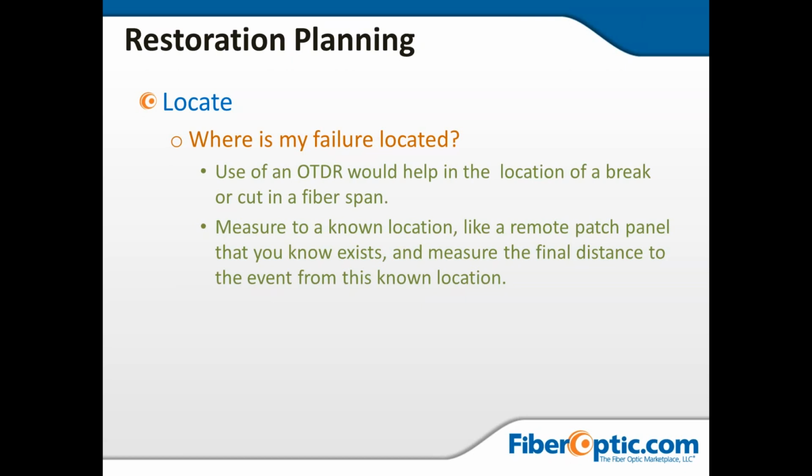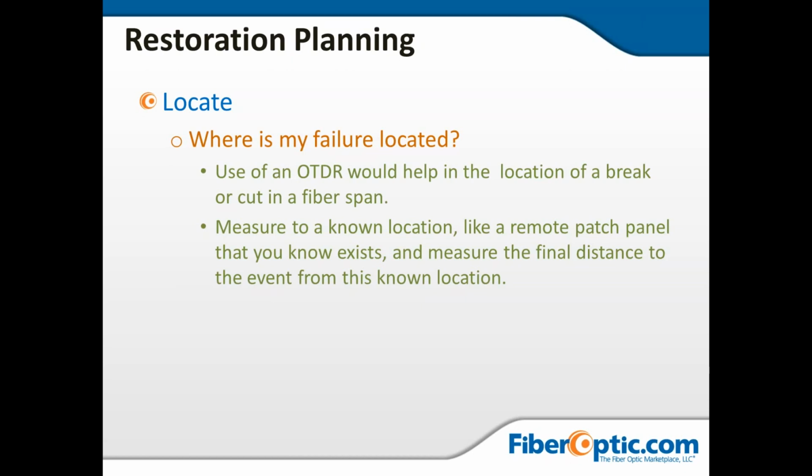So if we know that there's a regen point potentially 35 kilometers down the line, what I will do is test, and then I will try to measure the distance from the break to that other known location, which would maybe be that pass-through or regen point.